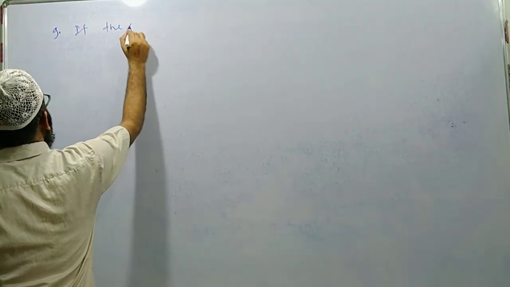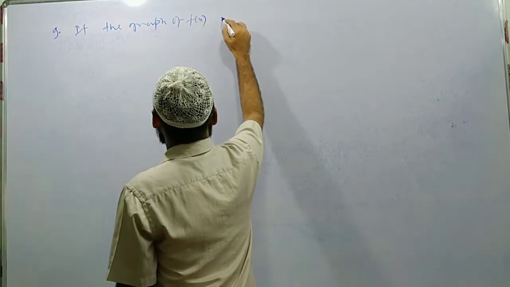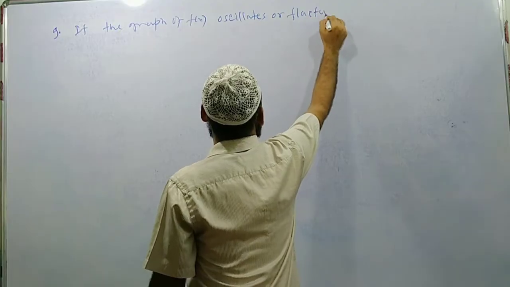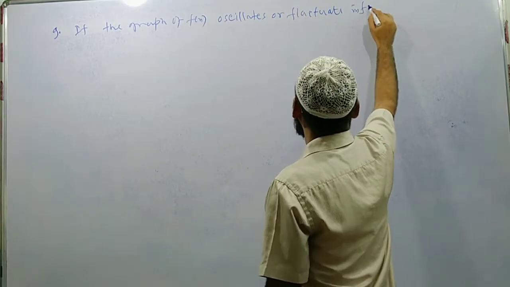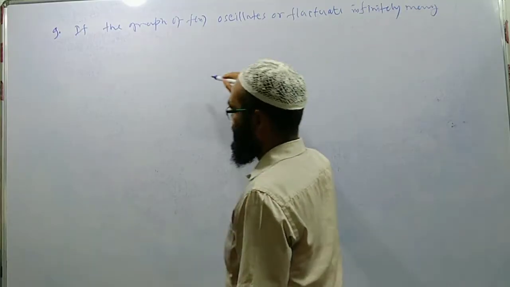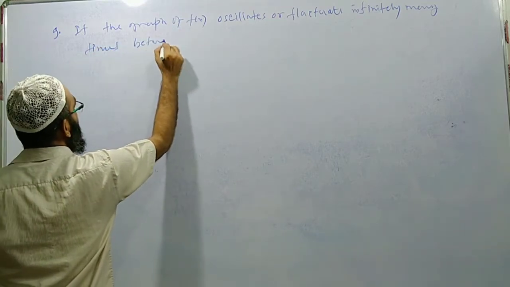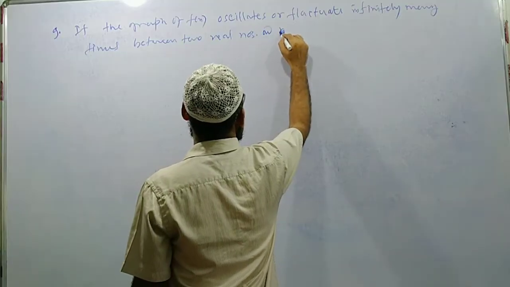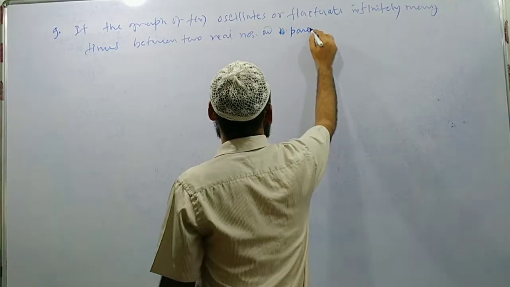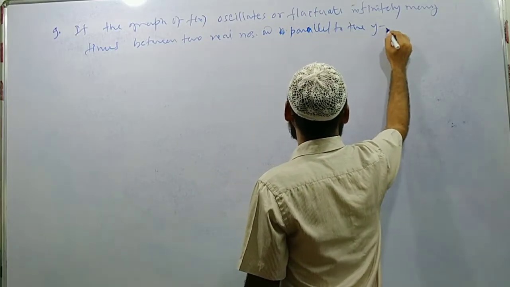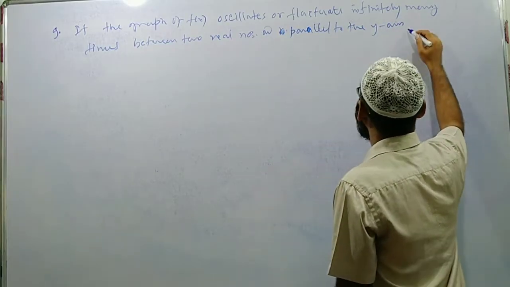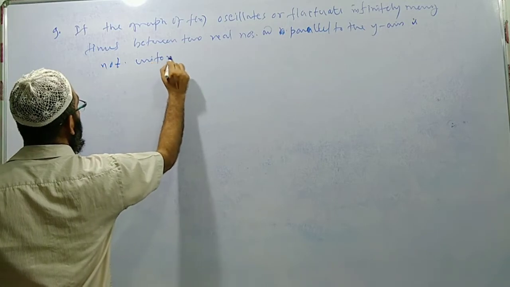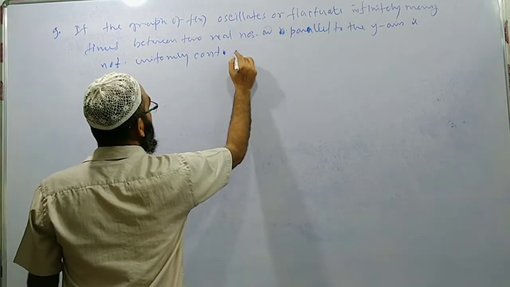If the graph of f(x) oscillates or fluctuates infinitely many times between two real numbers and is parallel to the y-axis, then f is not uniformly continuous on that interval.